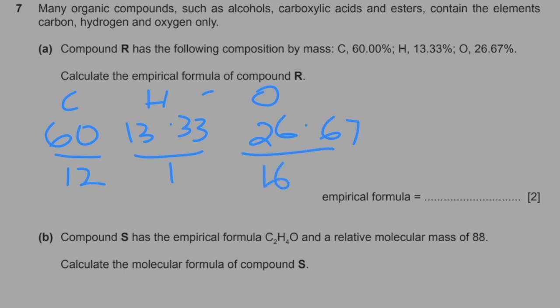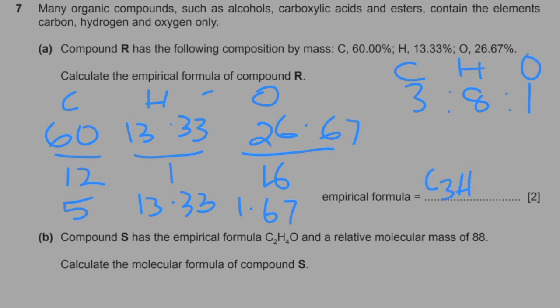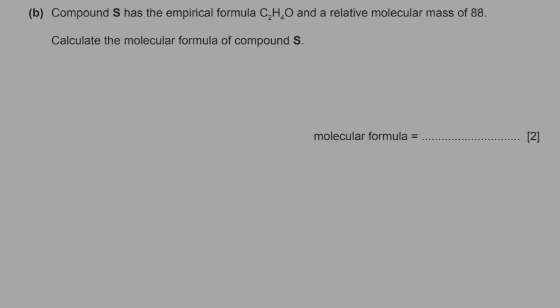And that leaves us with 5 and 13.33, 1.67. So you calculate the ratio by dividing by the least value, which in this case is 1.67, and you get the rounded figures as 3:8:1, which is carbon, hydrogen, and oxygen. That means you have C3H8O.